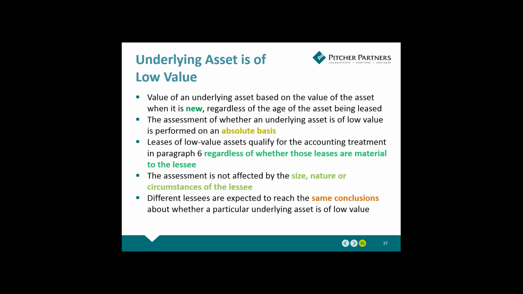All right? So it's on an absolute basis. It doesn't have anything to do with materiality. It doesn't have anything to do with size, nature, or circumstances. It's not a second-hand value.